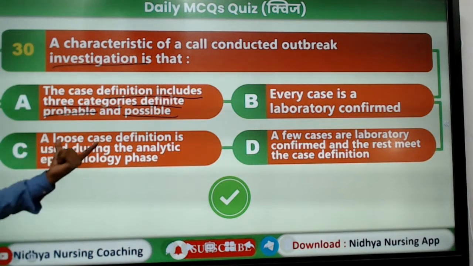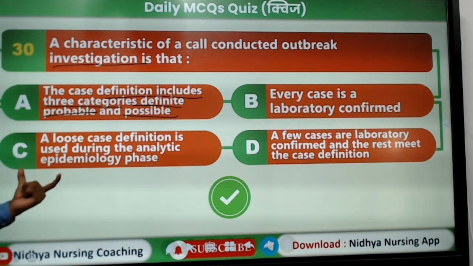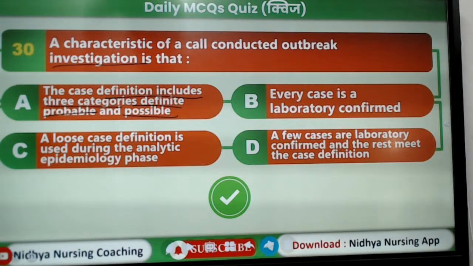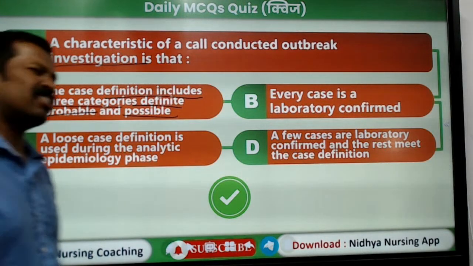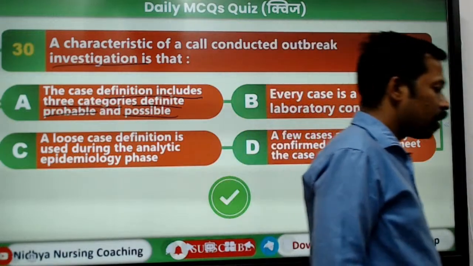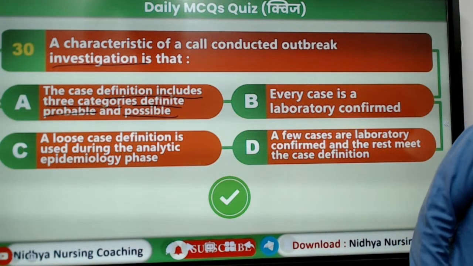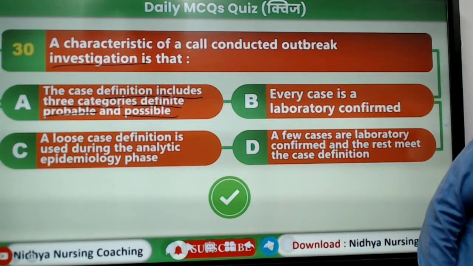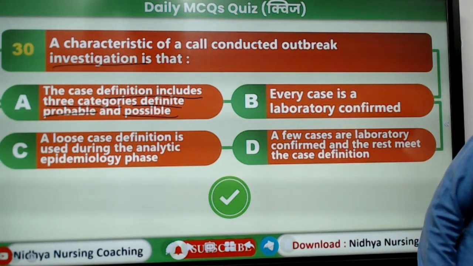A loose case definition is used during the analytical epidemiologic phase. Is it necessary? Option C. Is it right?